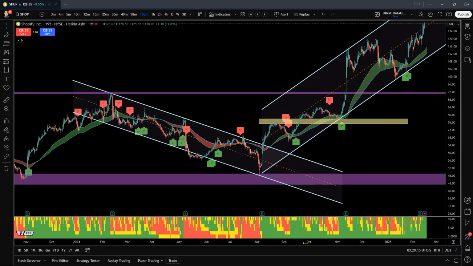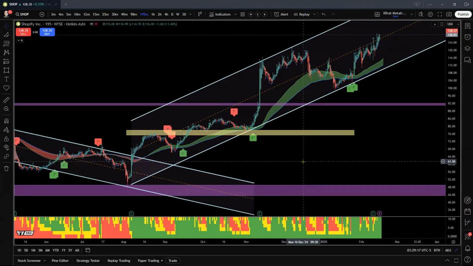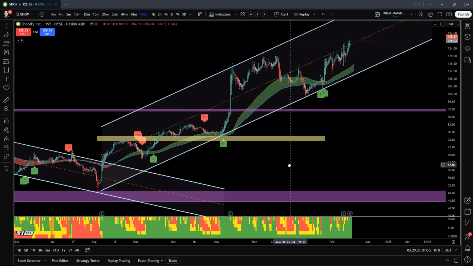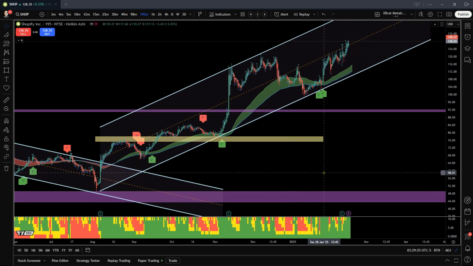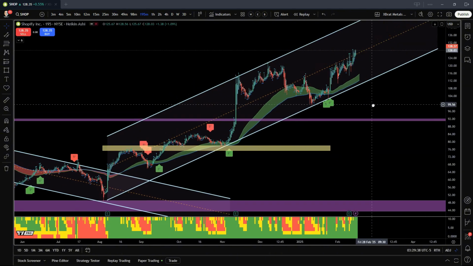So what I've got on here is the xBrat Algo. So this is a confluence type strategy. One thing that I will say here is we use those in conjunction. So what I'm going to do is look at some of these trades right now, but I'm more interested in this confluence at this point here, and I'm going to draw on a line here.